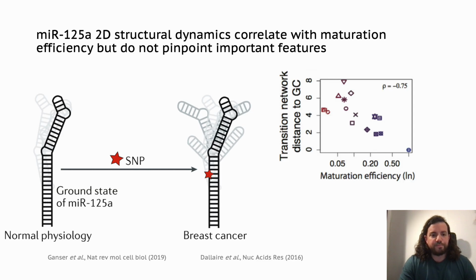But our group has shown in the past that, for example, MIR125A 2D structural dynamics correlate really well with maturation efficiency when looking at the position of this G22U SNP I was telling you about. The SNP does not change the minimum free energy structure, as you can see here, but it introduces some dynamical effects that lead to poorer maturation.